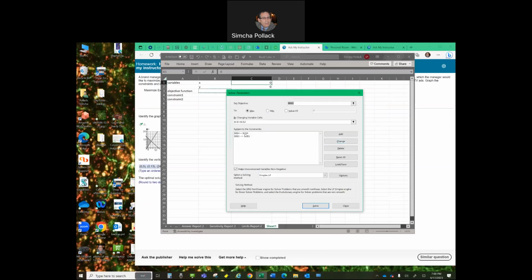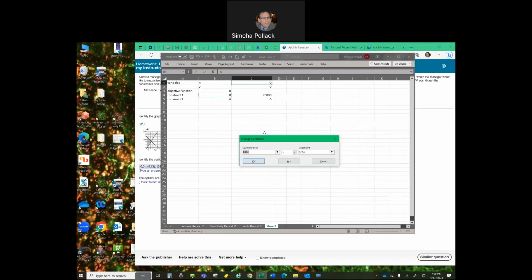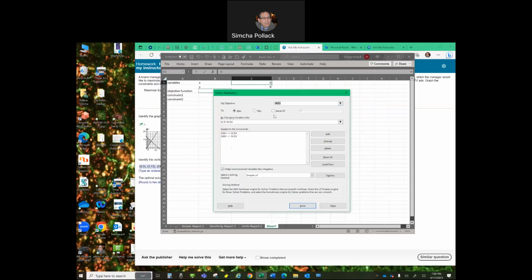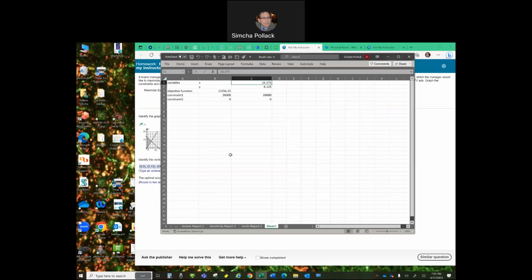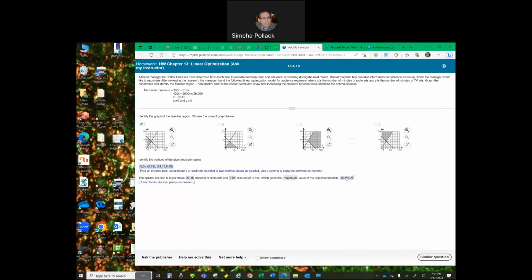Now we want to take this one and change it, make it less than or equal. Okay. Now we're in a position to solve it. And we hit OK. And this time we actually did get the 15,356.25 that the book says is the right answer.